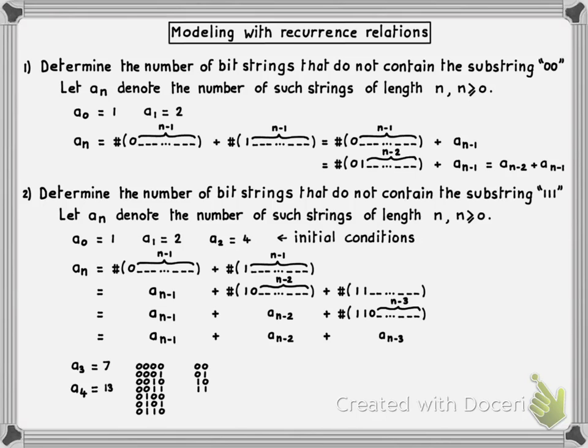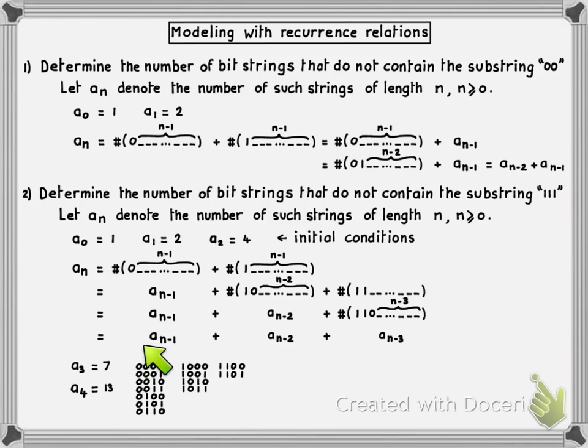And from those, you can get a string of length 4 again that does not contain a triple 1 by adding 1, 0 in front of them. And finally, you look at the strings of length 1. There are 2 of them. And to get a string of length 4 that does not contain a triple 1, you just add 1, 1, 0 in front of them. And so 7 plus 4 plus 2 gives you 13.